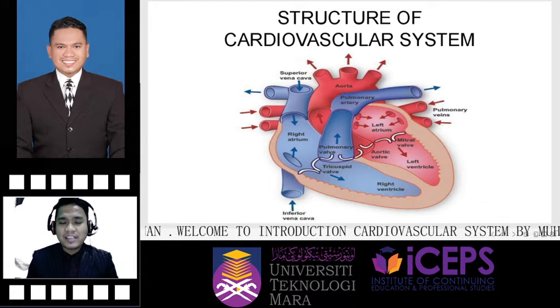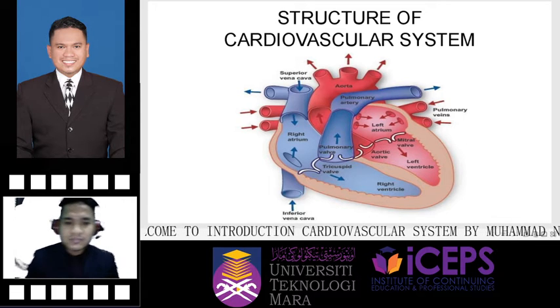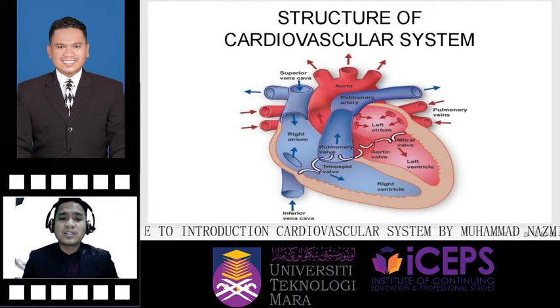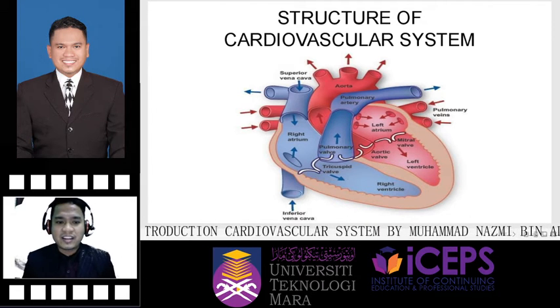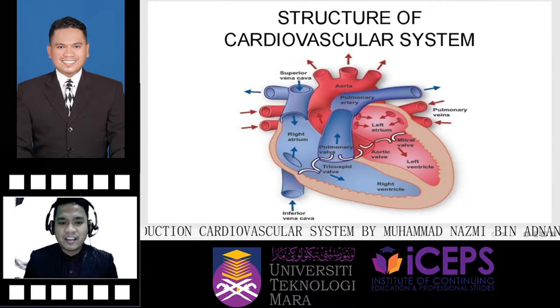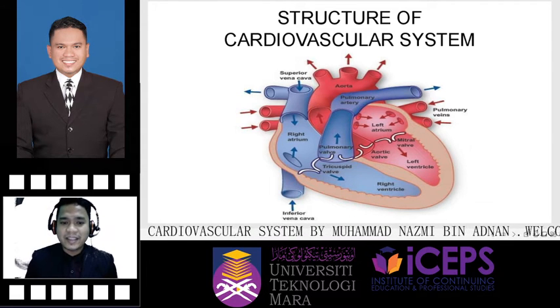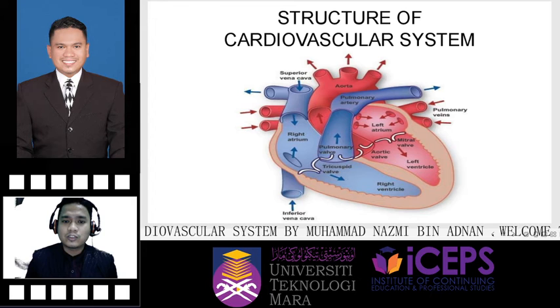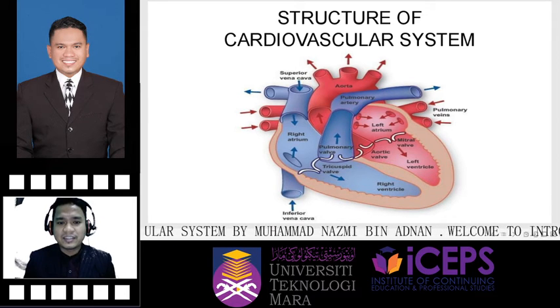I will explain how the blood is processed in the cardiovascular system. The deoxygenated blood will gather at the right atrium from the superior vena cava and inferior vena cava, and then the blood will go into the right ventricle through the tricuspid valve and be pumped out to the lungs by the pulmonary artery.